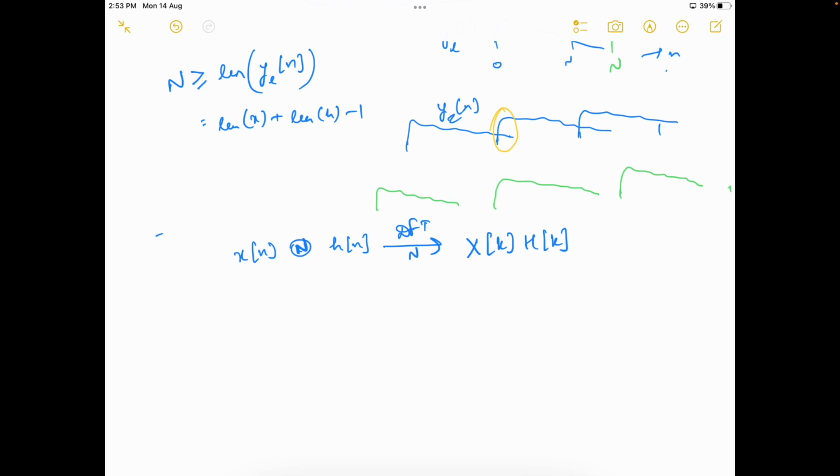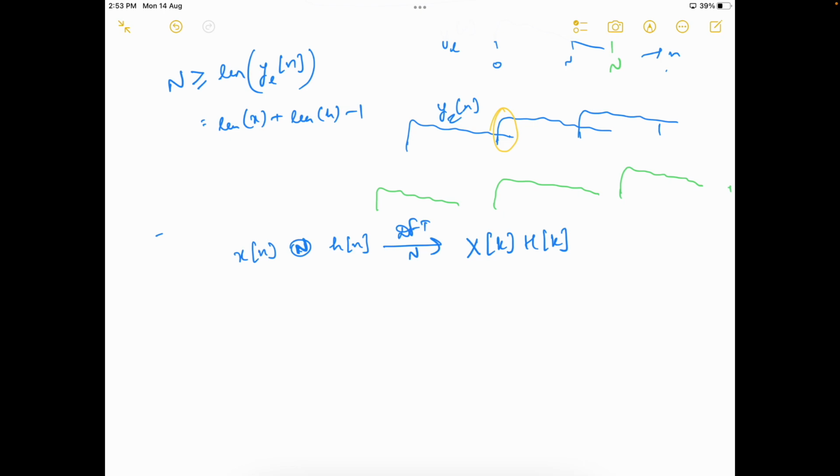But the only requirement is that my capital N should be larger than length of x plus length of h minus 1.